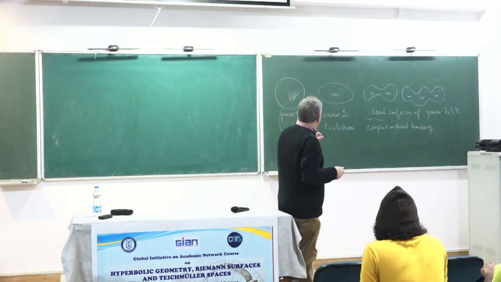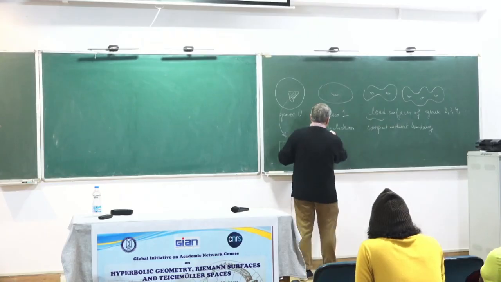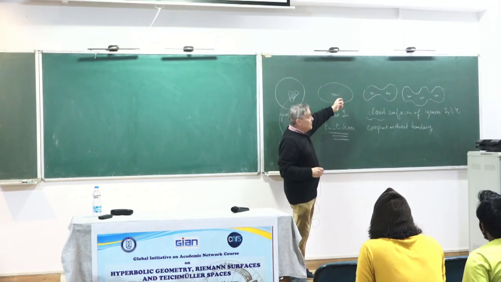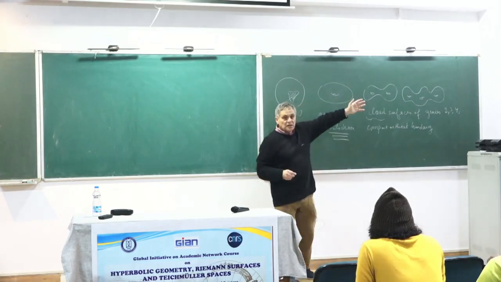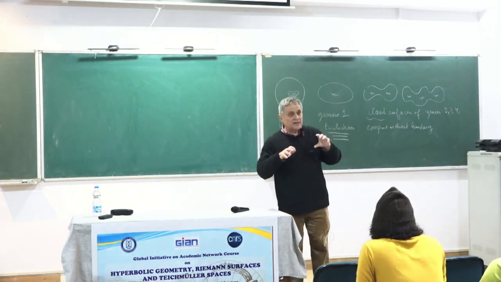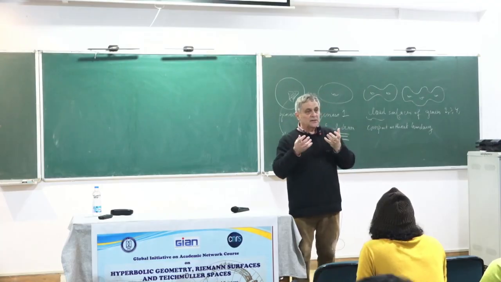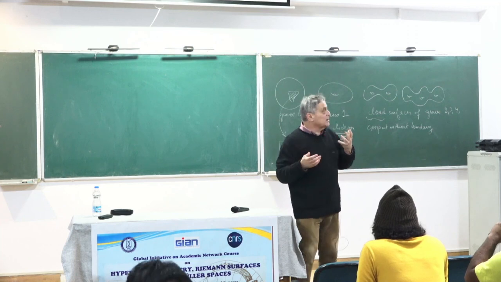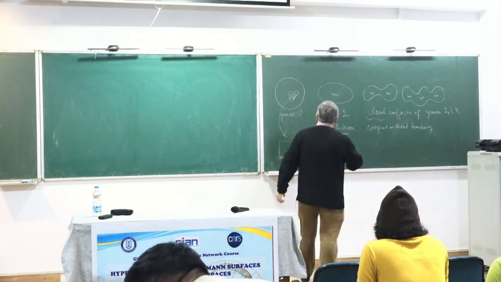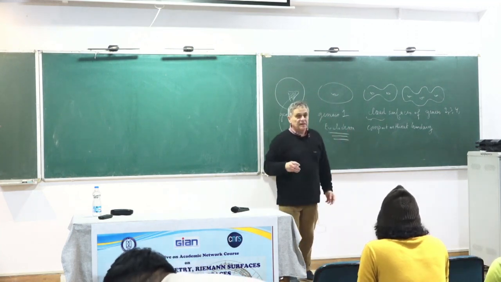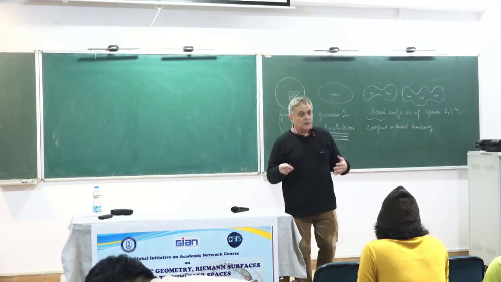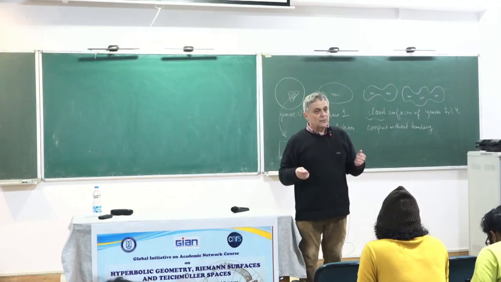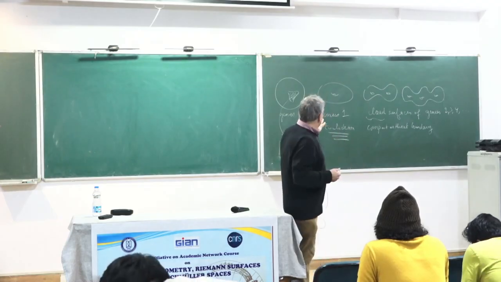Here, when I say that this surface is Euclidean, it does not mean that it's equipped with this metric which you see here, which you visualize, which you imagine as a subset of like a donut, you know. The donut is not a Euclidean surface. So what does it mean? What does it mean that this is a Euclidean surface? Somebody can tell me what it means? We more or less talked about this yesterday. I want to be sure that you understand. What does it mean that this is a Euclidean surface?